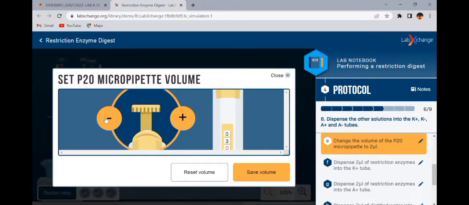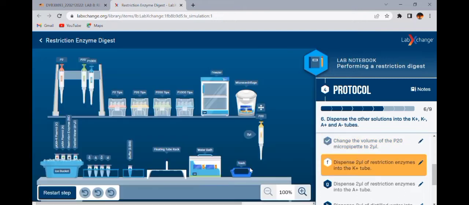And change the volume of the P20 micropipette to 2 microliter and dispense 2 microliter of restriction enzymes into the K plus tube.